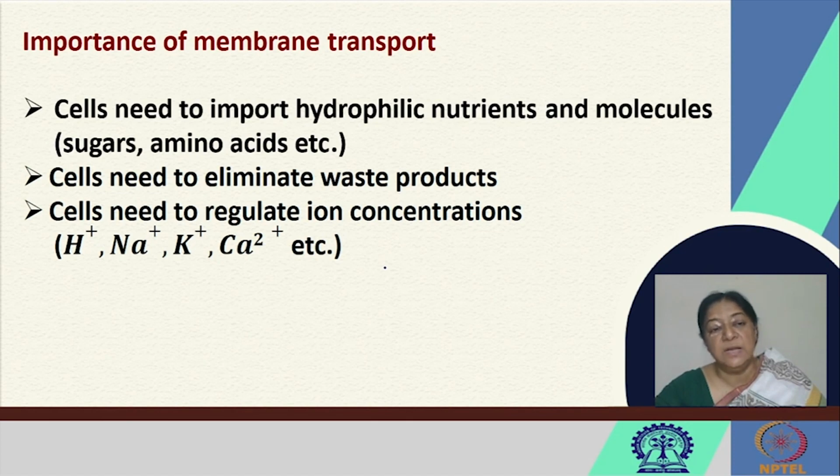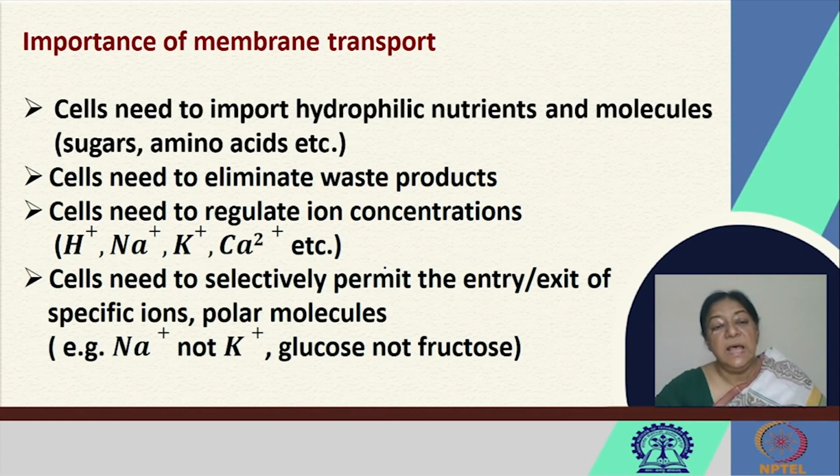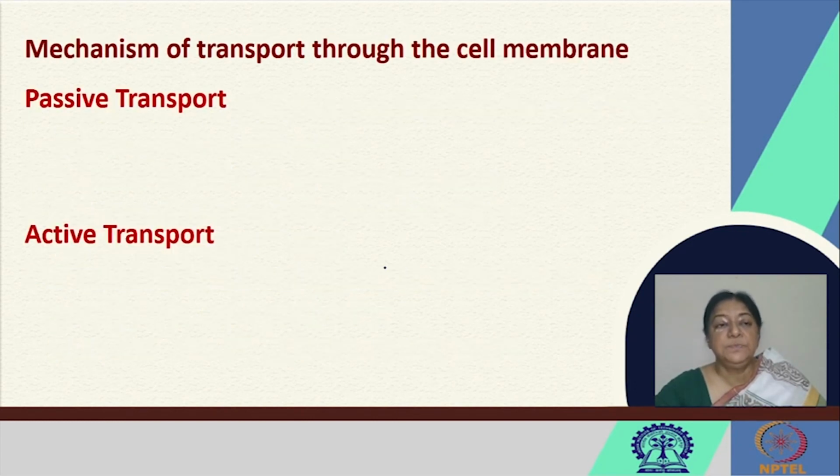These ions are needed for specific reactions that go on in the cell. Then they also need to selectively permit the entry and exit of specific ions or polar molecules. For example, there may be a channel that allows the transport of sodium but not potassium, or glucose only and not fructose. So this selectivity is very important for the maintenance of the cell.